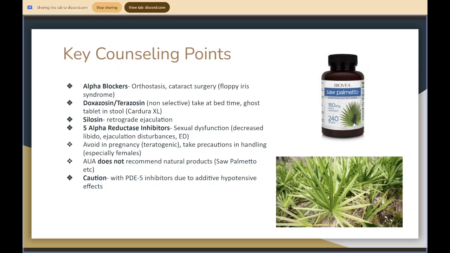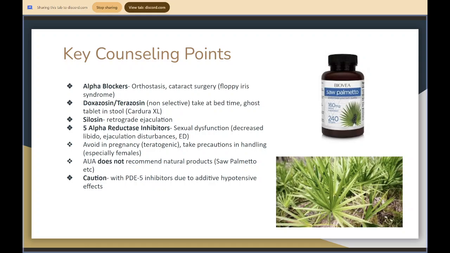Can anyone tell me what a ghost tablet is in the stool? And do they know any other medication besides Cardura XL that has a ghost tablet? All right. So we'll wait for everyone to tell me.